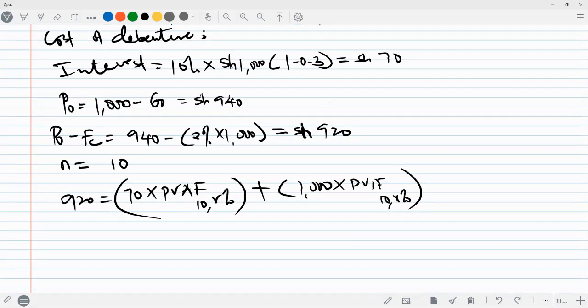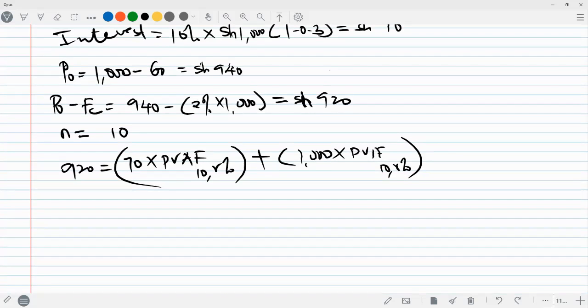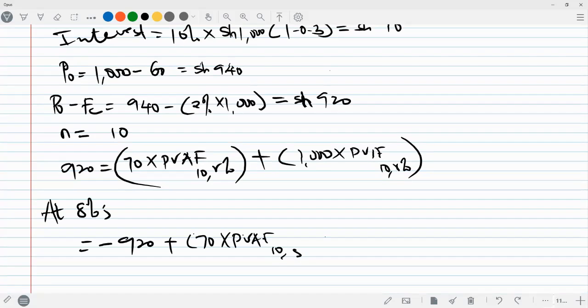Yes, okay, 7.6%. So we can begin at 8%. Let's begin discounting at 8%. It will be equal to negative 920 plus 70 times the present value annuity factor, 10 years, 8%, plus 1,000 times the present value interest factor, 10 years, 8%. What do you get with the sum?